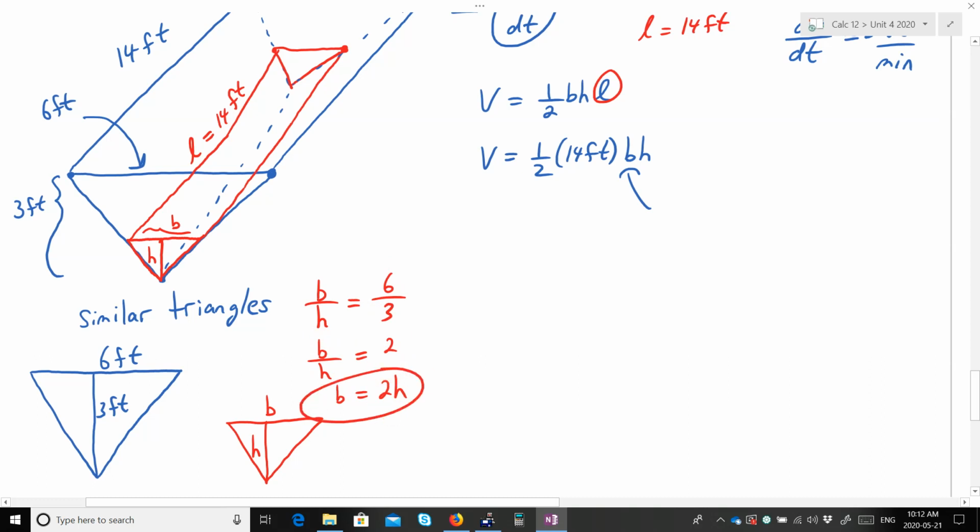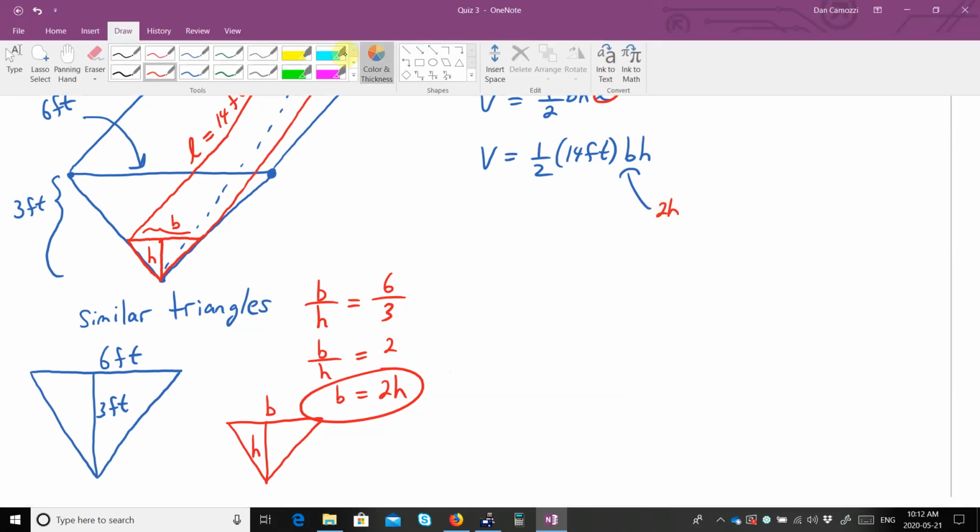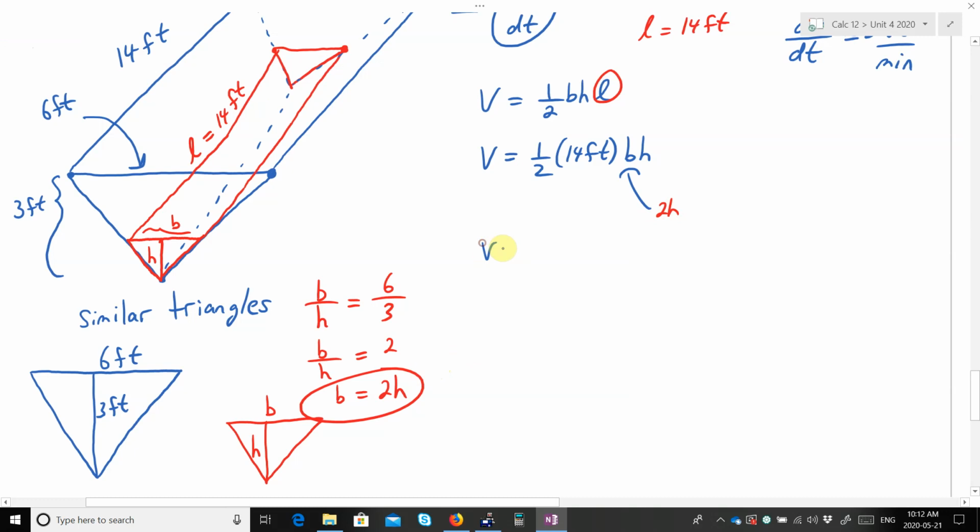And so now we can go and replace B with 2H. So I'm going to put 2H in here. So our volume formula is a half times 14 feet times 2H times H. 2 times a half is just 1.